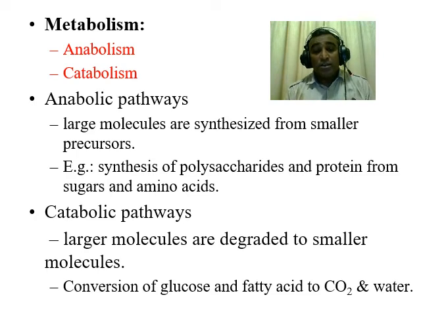Then you also have the catabolic pathway defined here, that is large molecule to smaller molecule. One example is the glycolytic pathway, where the 6 carbon sugar glucose is oxidized completely to become carbon dioxide and water.